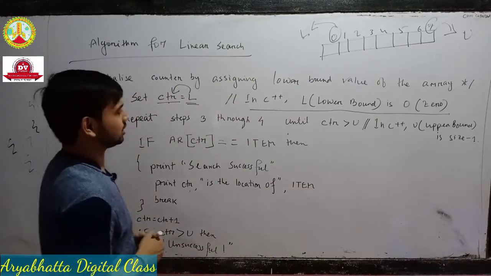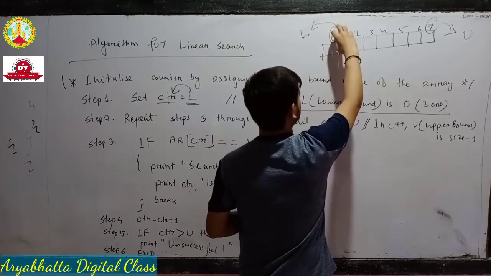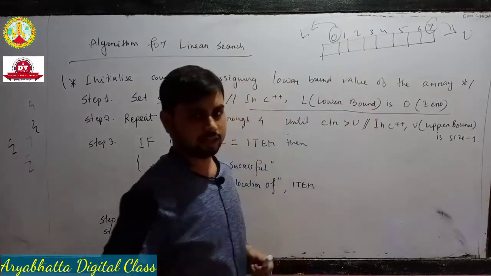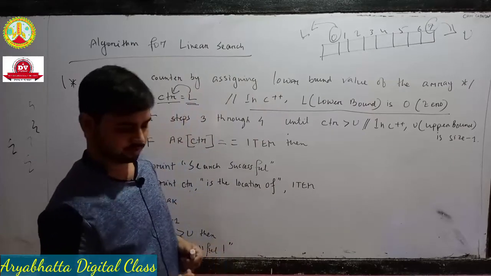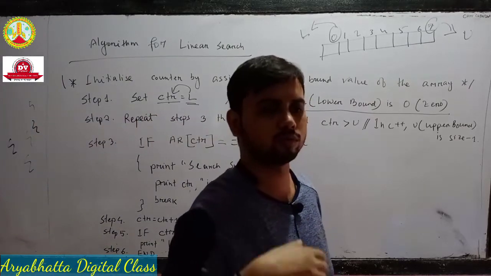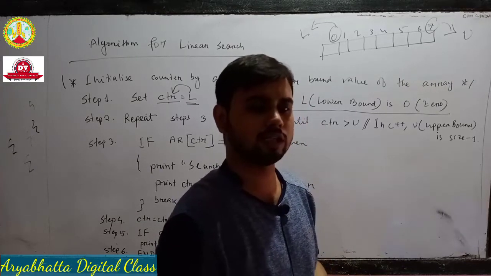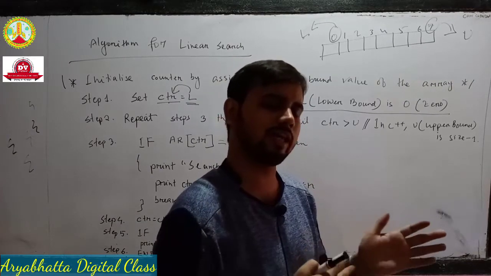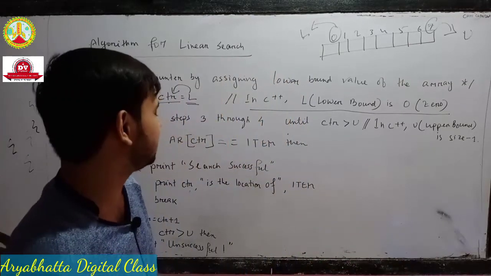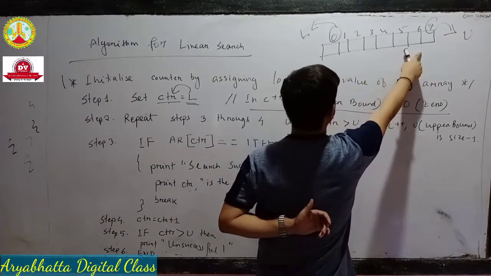This is CTR. CTR means this is the index. And he said in linear search we find the item, means we find the search value that should be searched. It will be compared with the elements of the array one by one. You see the definition?